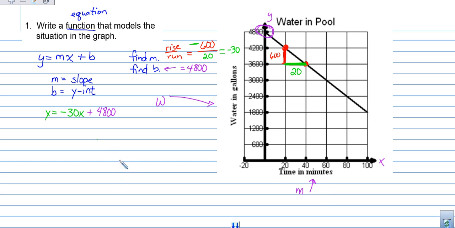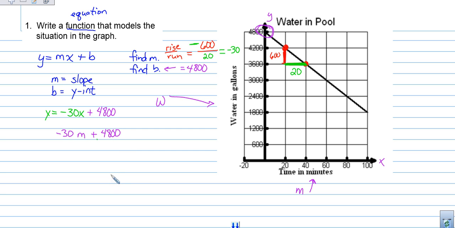So, if this is W and this is M, then the way we can rewrite this in function notation is our x's become m's. So you get negative 30M plus 4,800.